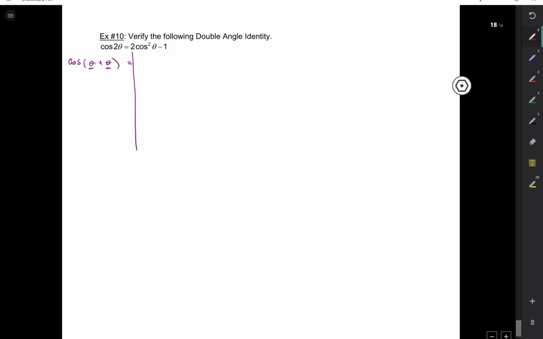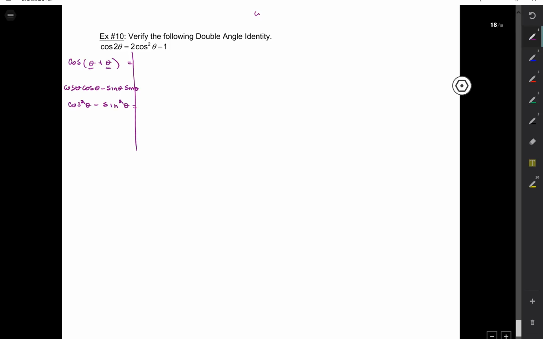So I write it as cosine of theta plus theta. This is one of the identities from section 4. It's, remember sine, cosine, cosine, sine. This is the second one, cosine, cosine, sine, sine. So this is cosine of theta cosine of theta minus sine of theta sine of theta. Okay? Which means this is cosine squared theta minus sine squared theta.